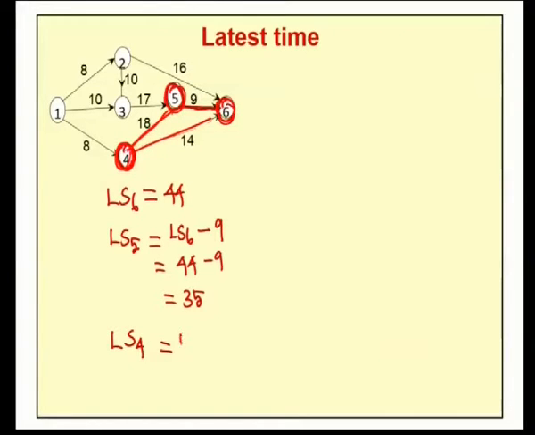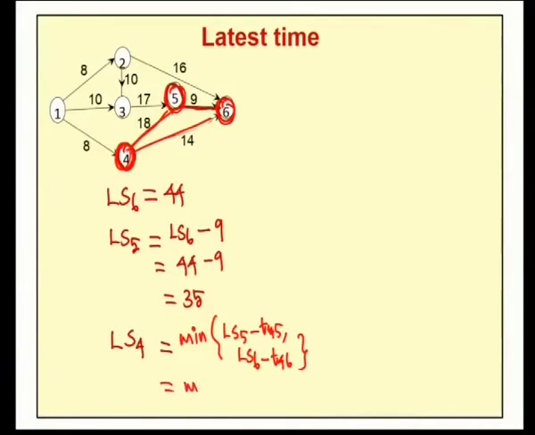Therefore, our LS4 is the minimum of LS5 minus the normal time T45, comma, and for the outgoing activity 4 to 6, LS6 minus T46.